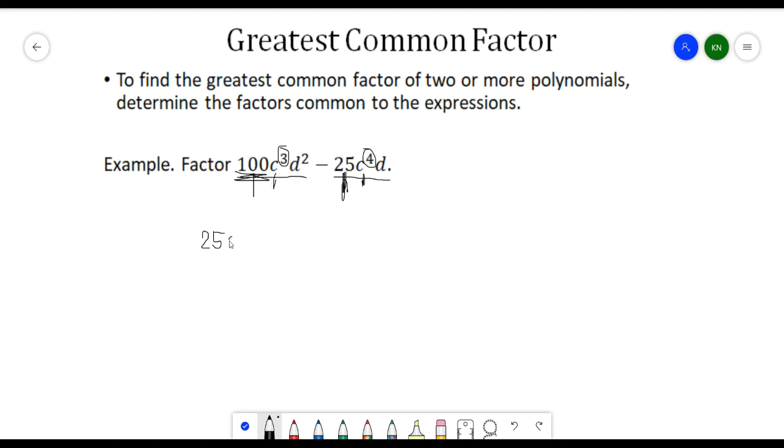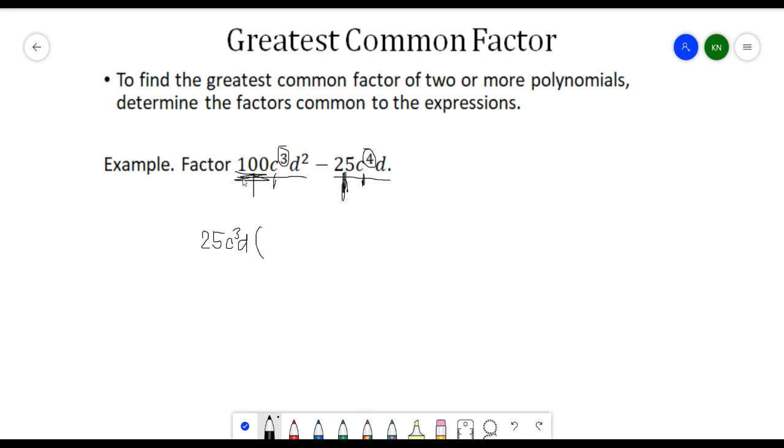And between d squared and d, the greatest common factor is d.